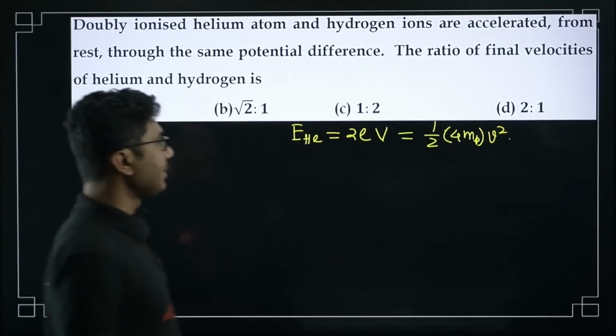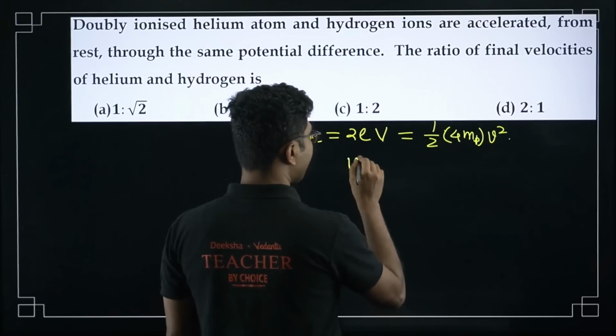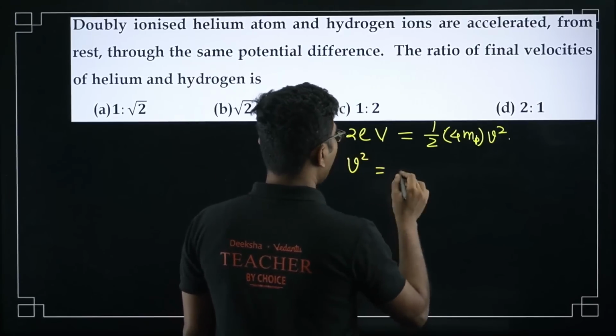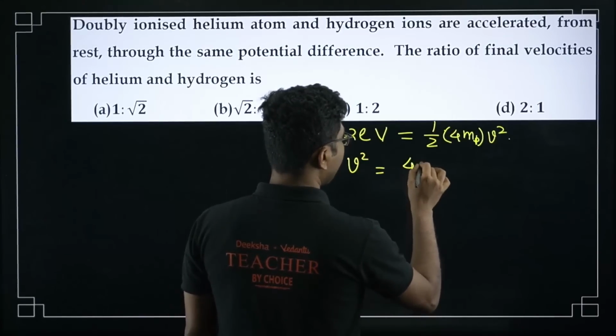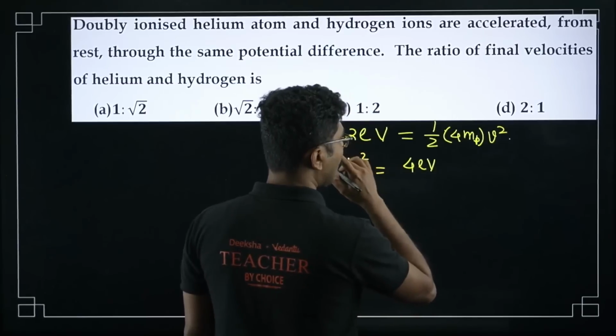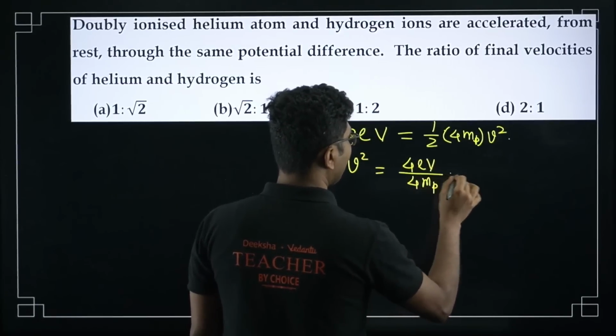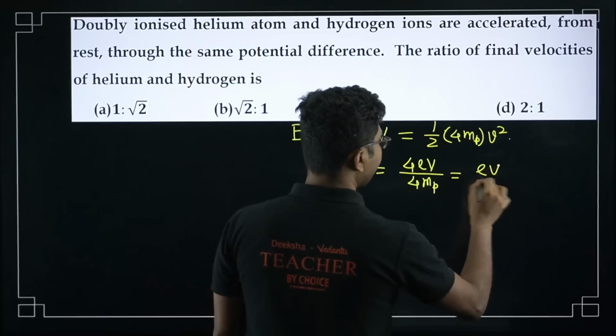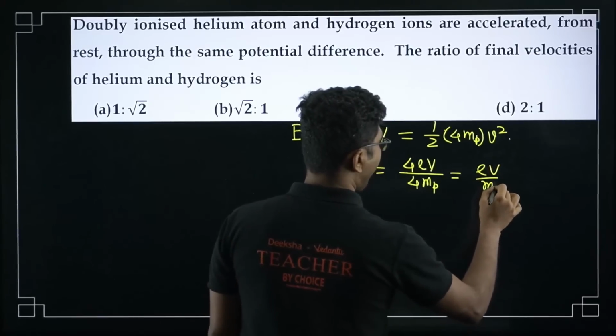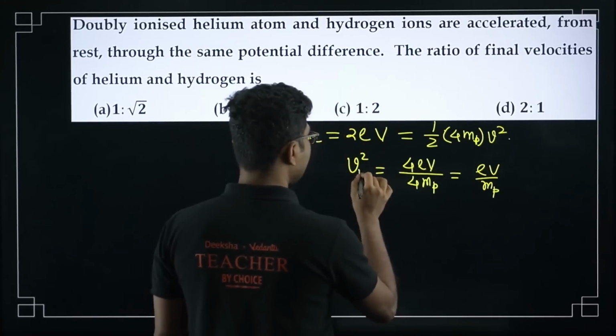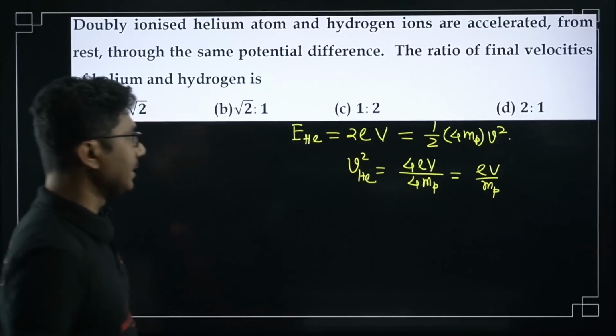Okay, from here we say that V square equals to 4 eV by 4 MP or eV by MP. This is for helium, velocity of helium.